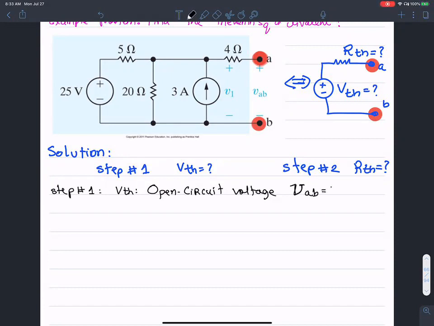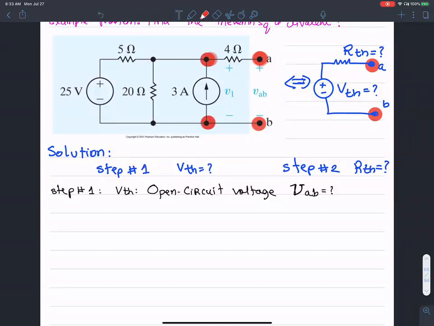How do you find that? Well, we need the open circuit voltage. So in other words, let's find the voltage across these terminals here.